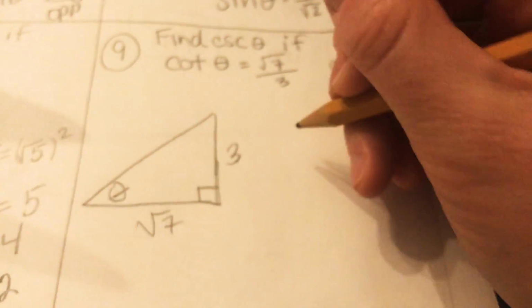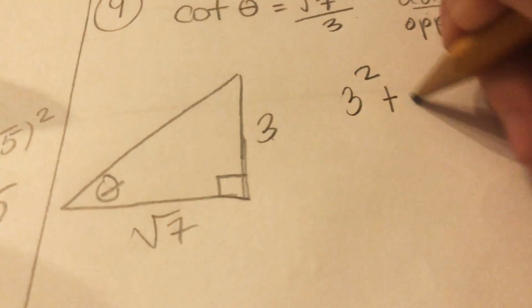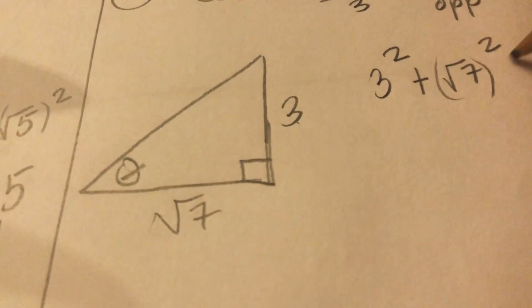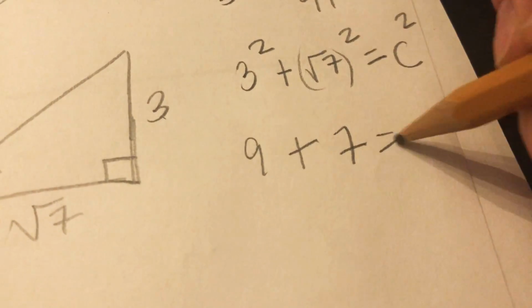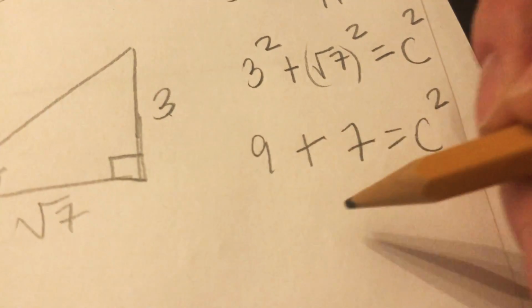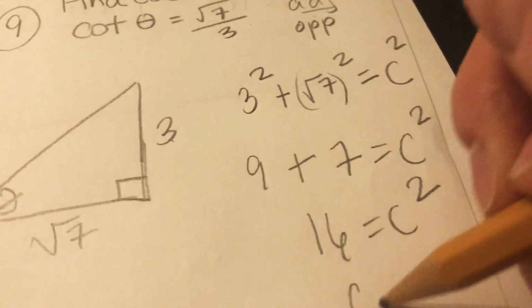Now I have to find the hypotenuse. Make sure you do the Pythagorean theorem correctly. 3 squared plus radical 7 squared equals c squared. So I have 9 plus 7 equals c squared. 9 plus 7 is 16. So c is 4.